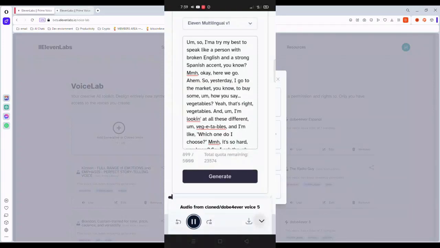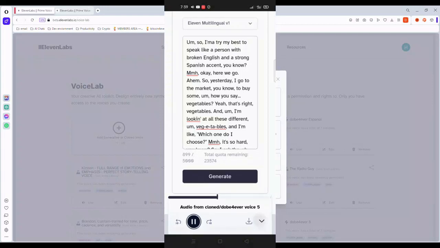So I'm gonna try my best to speak like a person with broken English and a strong Spanish accent. Okay, here we go. So yesterday I go to the market, to buy some vegetables? Yeah, that's right, vegetables. And I'm looking at all these different vegetables, and I'm like, which one do I choose? It's so hard.